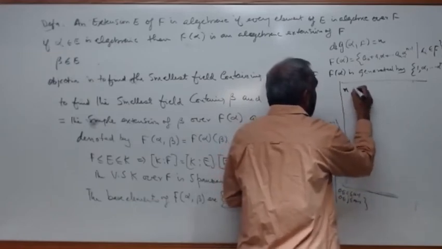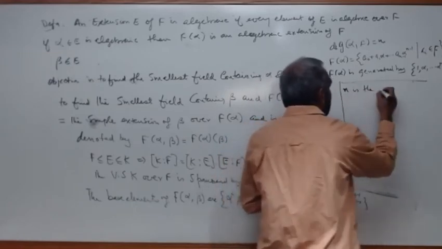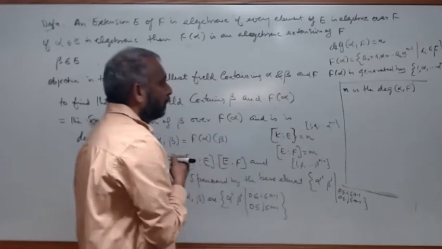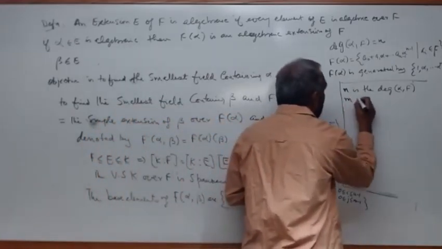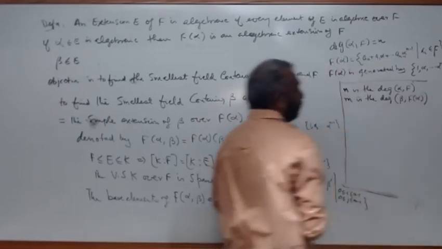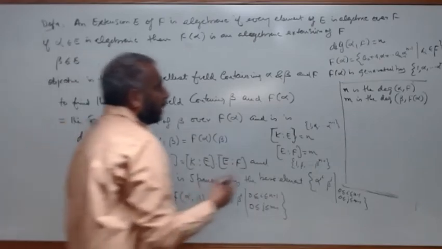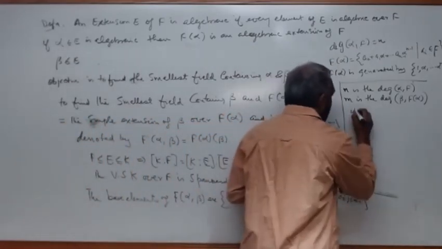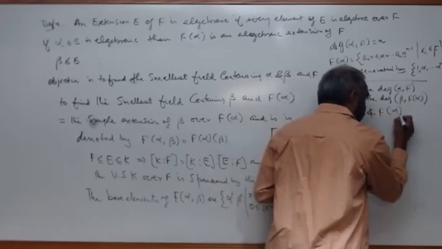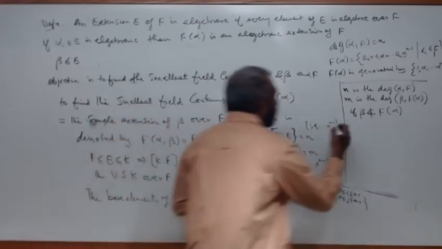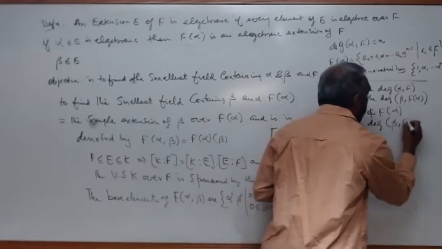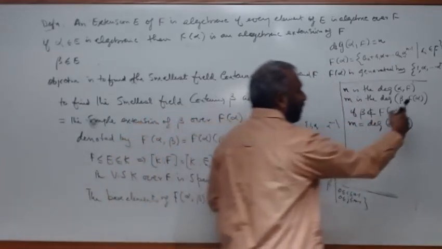n is the degree of alpha over F, and m is the degree of beta over F(alpha). Here, if beta is not in F(alpha), then m will be the degree of beta over F(alpha).